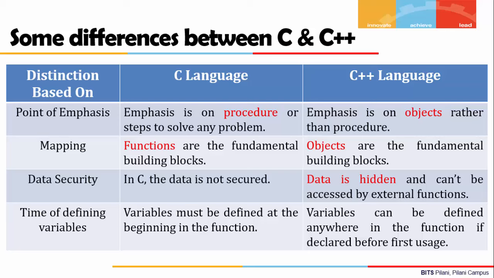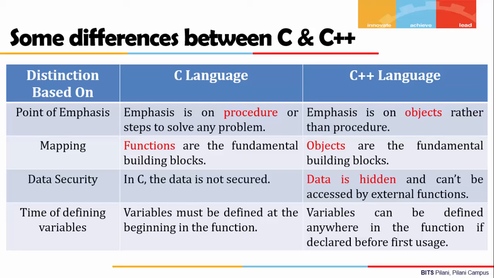Next is mapping. Mapping between function and data can be done easily using objects in C++. Objects are the fundamental building blocks. Mapping between function and data is complicated in C. Here, functions are the fundamental building blocks. That is, C is function driven while C++ is object driven.